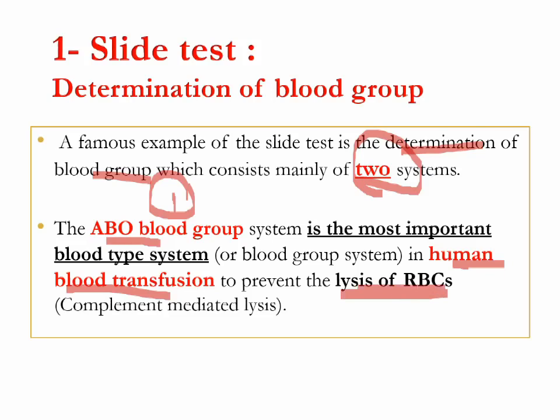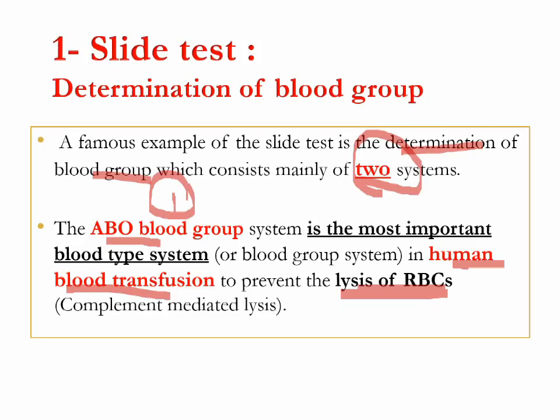And if hemolysis of the red blood cells of the donor occurs, degradation products will result from this lysis, and it will cause an overload on your spleen and your liver, and this might cause death. So this is the importance of knowing your blood group because of the cases of blood transfusion.